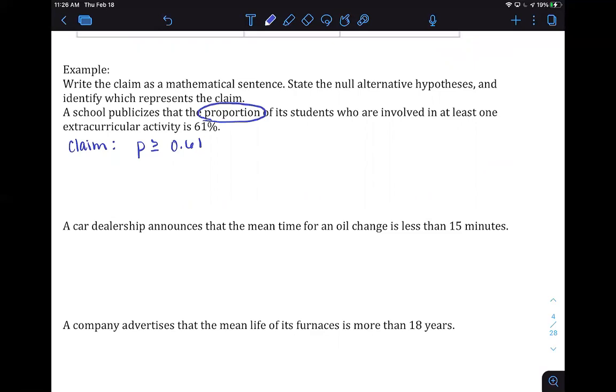If it's equal to, is that your null or your alternative hypothesis? Null. So the way we write that, H sub 0 is P is greater than or equal to 0.61. And then your alternative hypothesis. What's the complement of greater than or equal to?